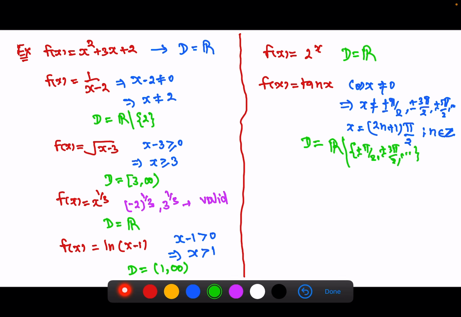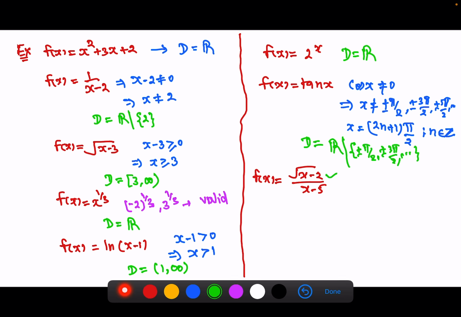Now if we consider one example of mixed function. Suppose mixed function means f(x) is root of x minus 2 divided by x minus 5. So for this mixed function, we need to check restrictions.